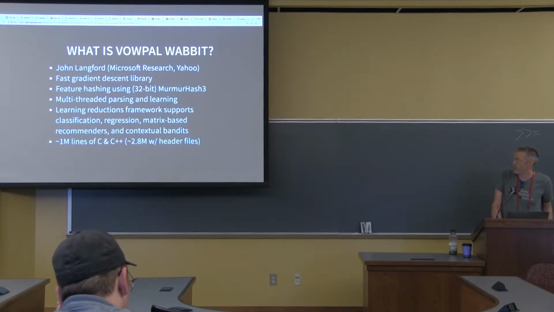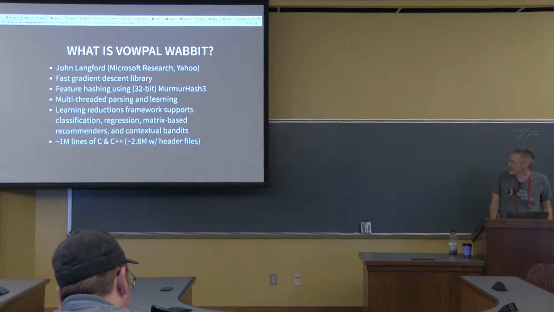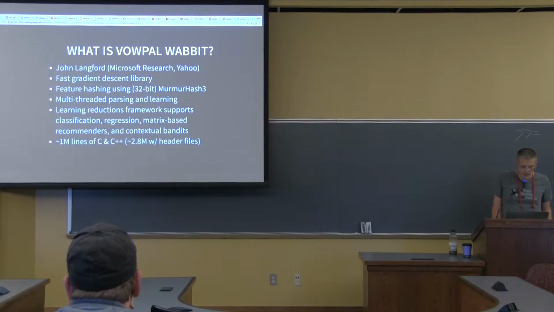There's no backprop algorithm in it. Instead, it takes some fairly simple regressors and through this sort of series of reductions, it can build up more complex machine learning models. And I'll talk a little bit about what that means in a moment.